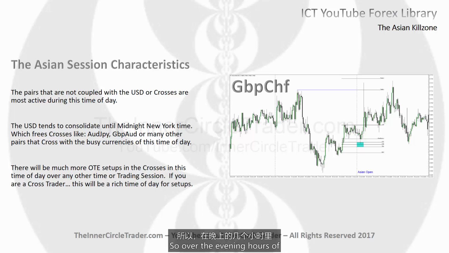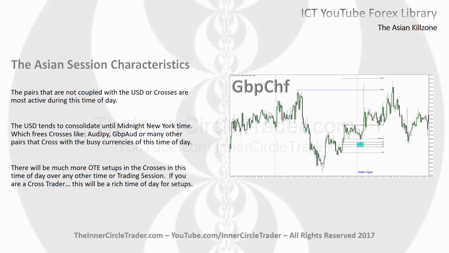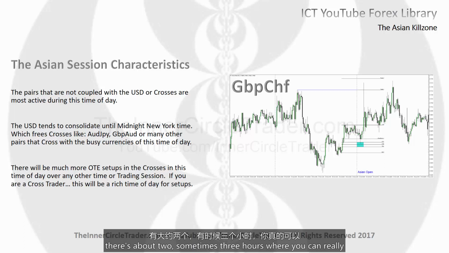So over the evening hours of the North American continent, where everyone sits down at dinner and then sits down with family time and watches TV or whatever they do. I don't really consume a lot of TV, but whatever the normal American family is doing at those hours, if you have the opportunity to look at the marketplace at the Asian session, there's about 2, sometimes 3 hours where you can really dial in and get a setup.